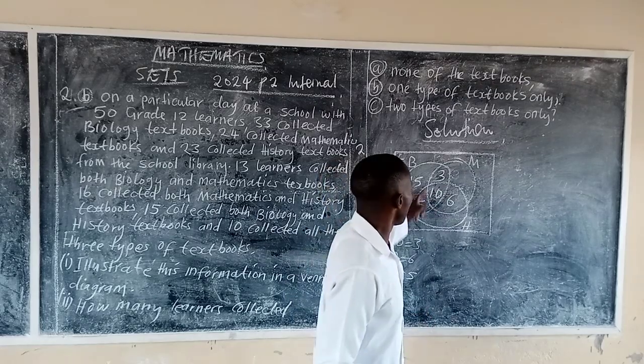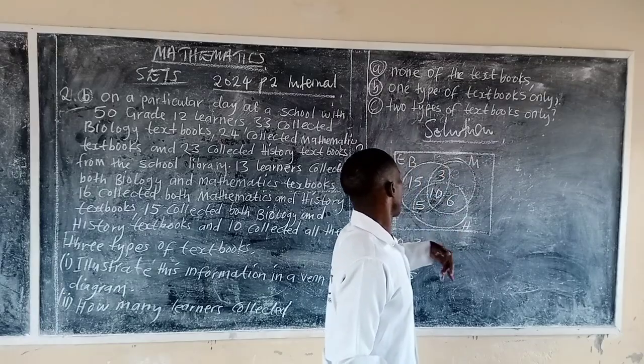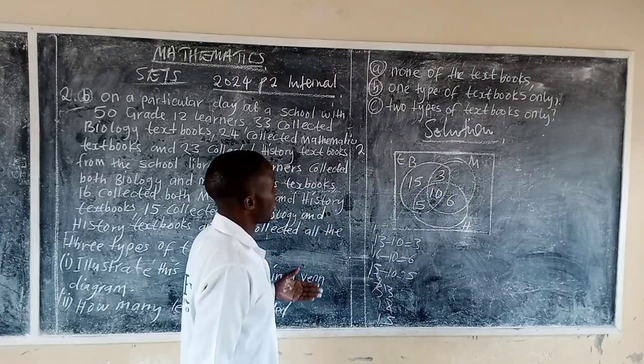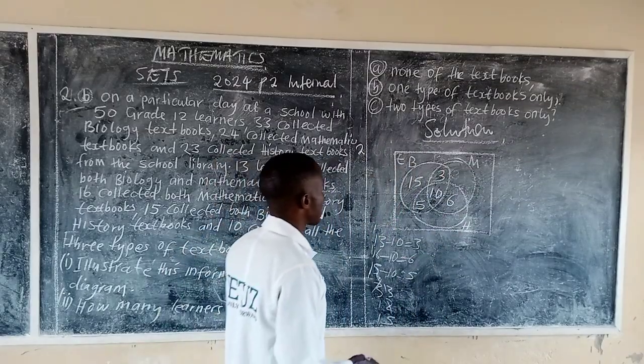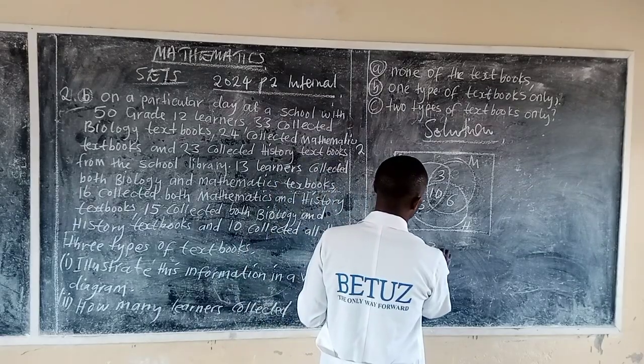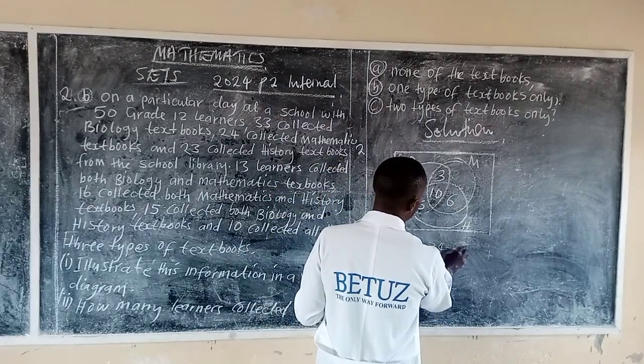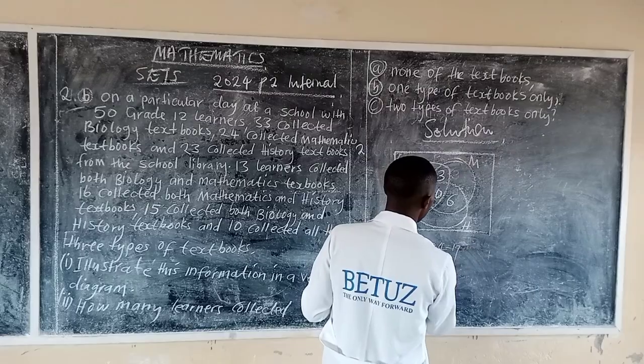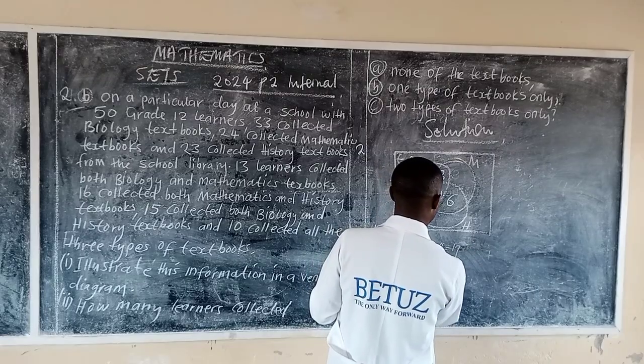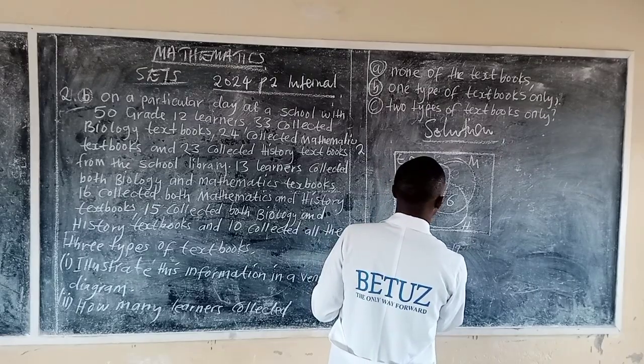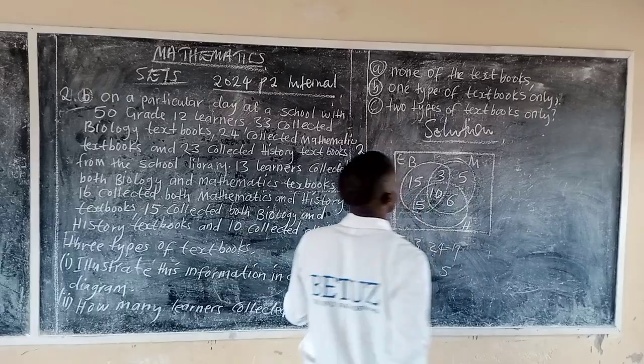So we already have 19, okay? So now for us to have 24, we have to subtract 24 minus 19, okay? So 24 minus 19. The answer that you are going to have is 5, okay? So meaning here, we are going to have 5.